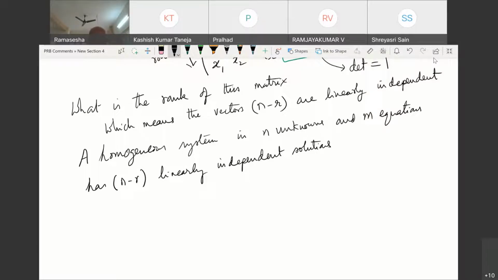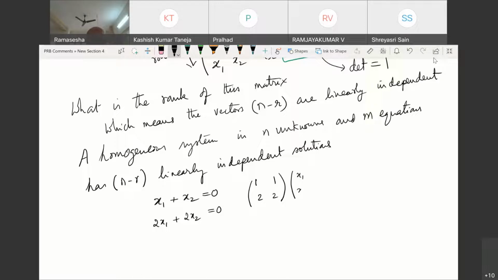Let me say that I have x1 plus x2 equal to 0, and 2x1 plus 2x2 equal to 0. The matrix equation I can write down for this one is the following: 1, 1, 2, 2, times x1, x2 is equal to 0.